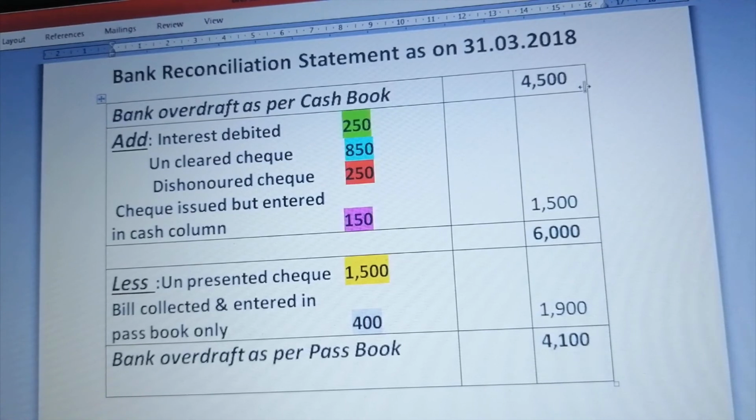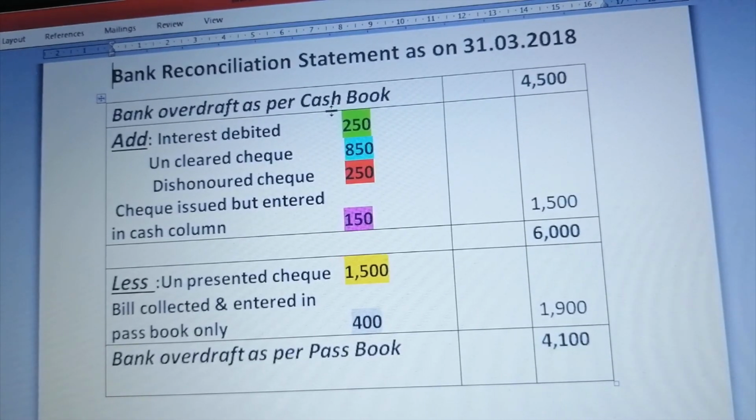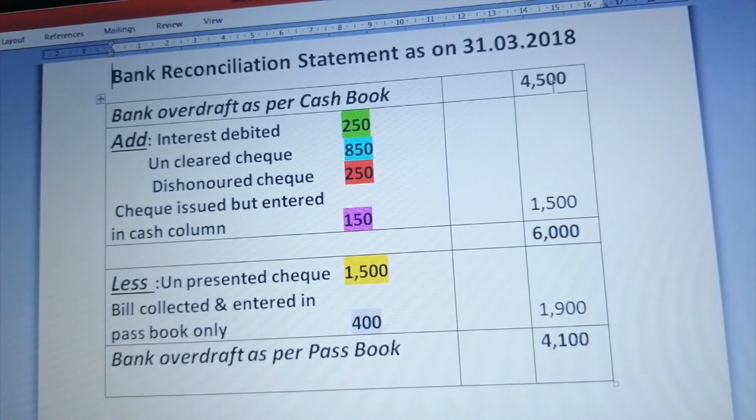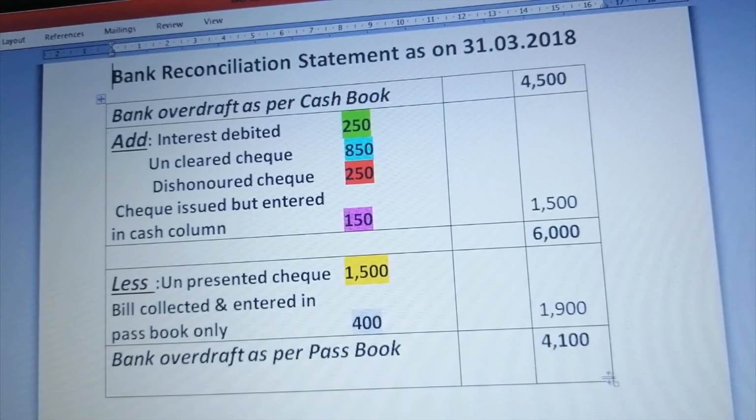Along with it, all the transactions that lead to decrease the passbook balance have been added back to cash book balance, and all the transactions that lead to increase the passbook balance have been subtracted from cash book balance. Okay, therefore the 4500 plus 1500, 6000 rupees, from which 1900 has been subtracted. Therefore the bank overdraft as per passbook is 4100 rupees.